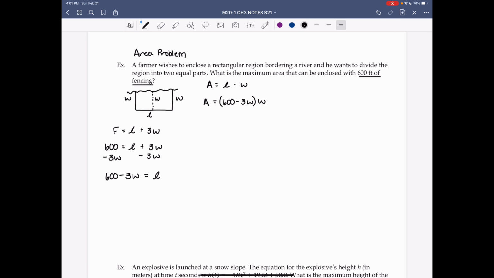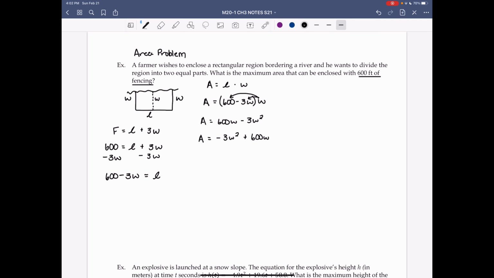So first I need it in general form. I'm going to multiply the W into the brackets. I get A equals 600W minus 3W squared. Then I'm going to rearrange that so it's in general form, negative 3W squared plus 600W. And now I can complete the square.